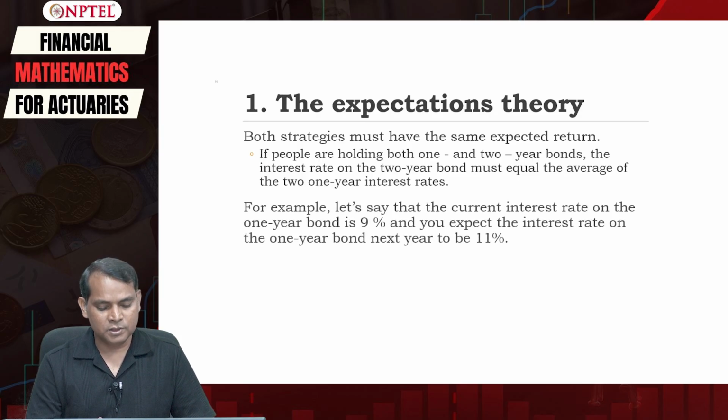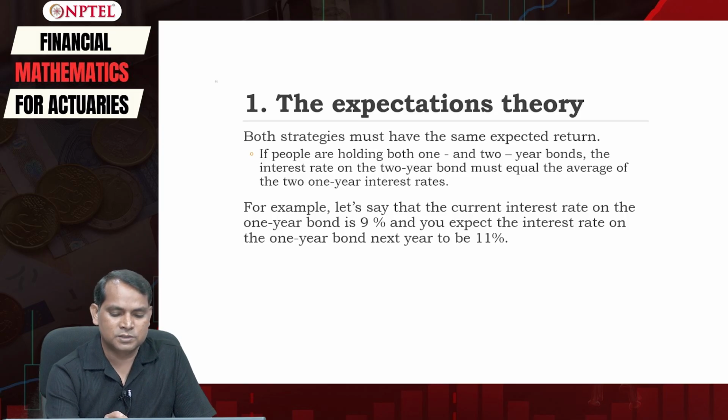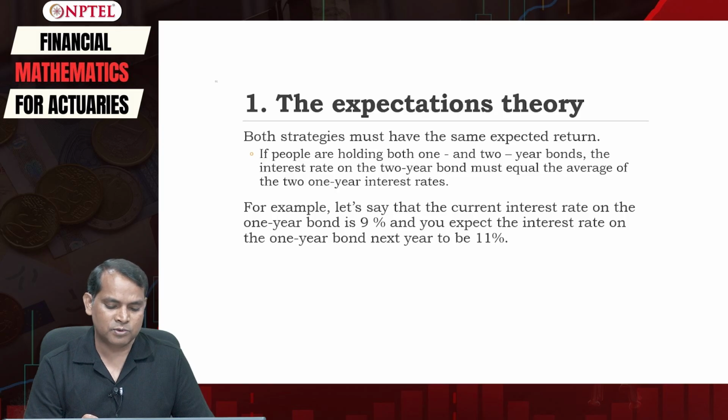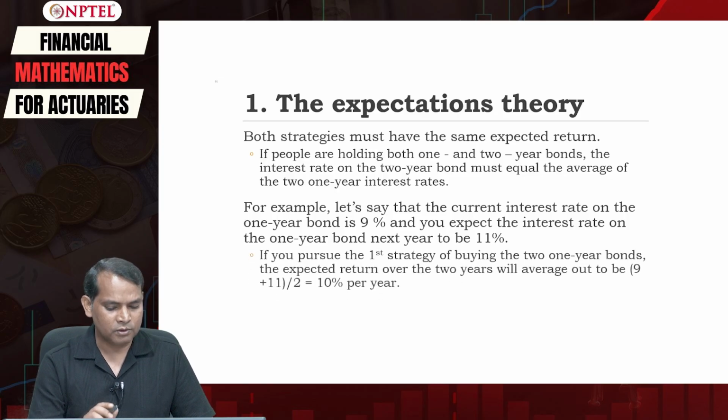Okay, for example, let's say that the current interest rate on the 1-year bond is 9% and you expect the interest rate on the 1-year bond next year to be 11%. If you pursue your first strategy of buying the 1-year bonds, the expected return over the 2 years will average out to be 10% per year, that is 9 plus 11 divided by 2.